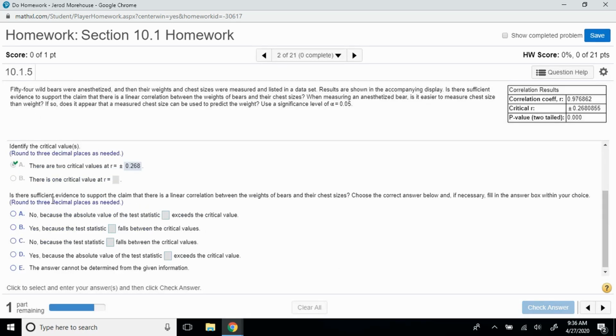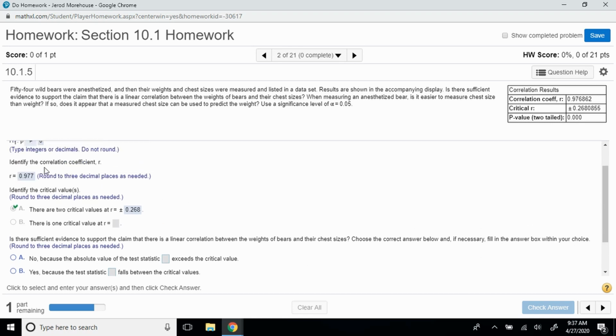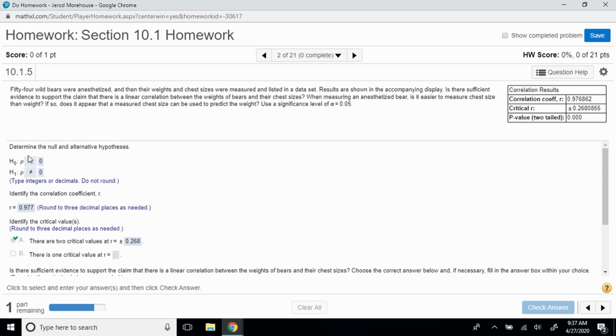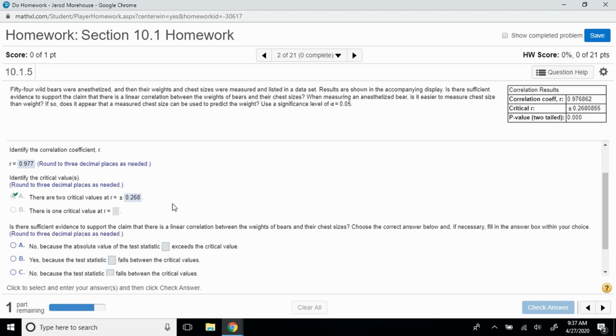And it says, is there sufficient evidence to support the claim that there is a linear correlation between the weights of bears and their chest sizes? Choose the correct answer below. Our correlation coefficient was 0.977. That is larger than our critical value, so we are going to reject the null hypothesis that there is no correlation in favor of the alternative that there is a correlation between these two variables.